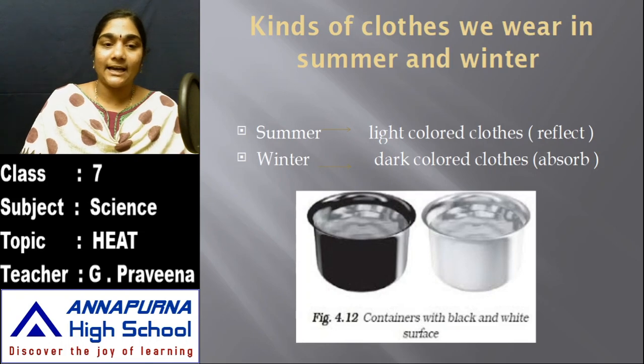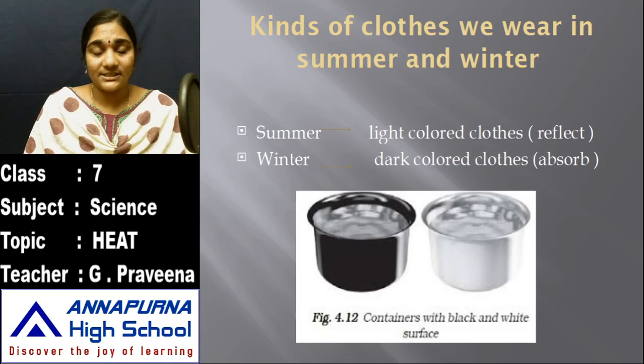The reason is that black is a dark color, so it absorbs more heat, and the water in the black container is hotter than in the white coated container. In the same way, now boil the water to about 60 degrees Celsius and fill both containers.